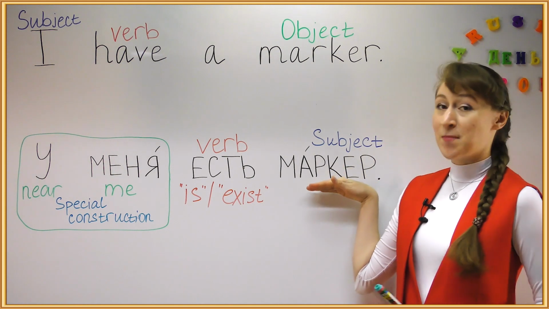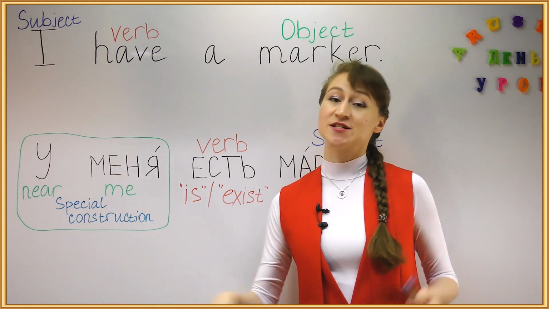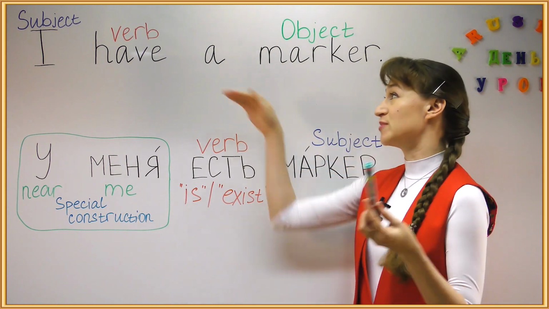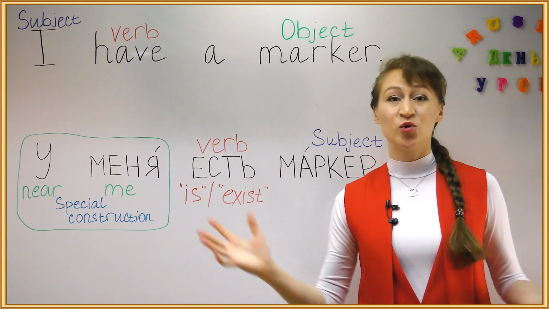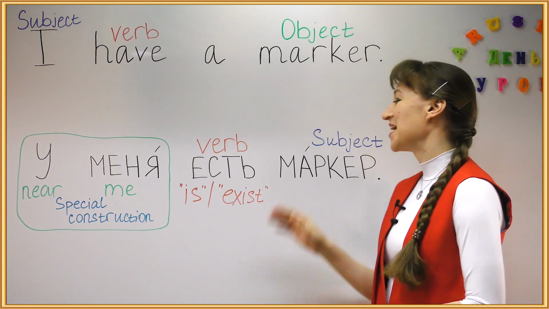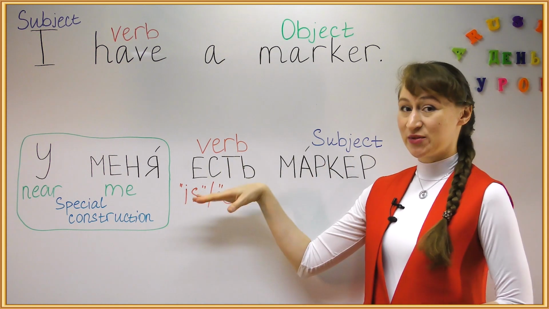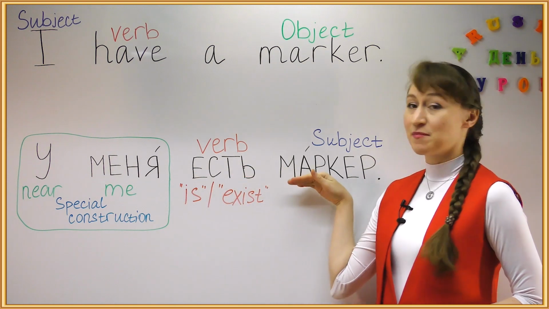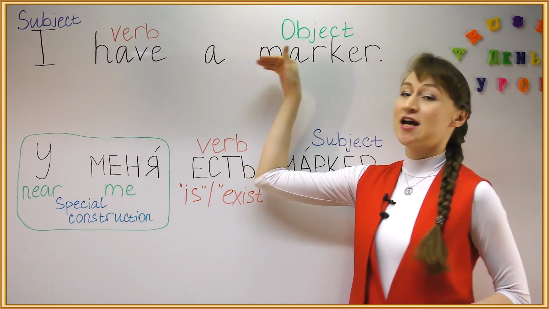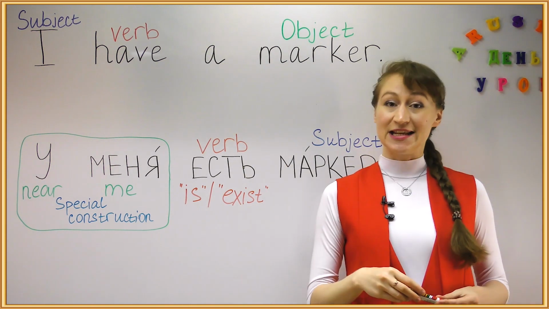So the marker exists in my personal universe. In Russian, we don't possess things, we just have them existing in our personal universes. So this is the difference between the statement «У меня есть маркер» and I have a marker: a statement in Russian and a statement in English.